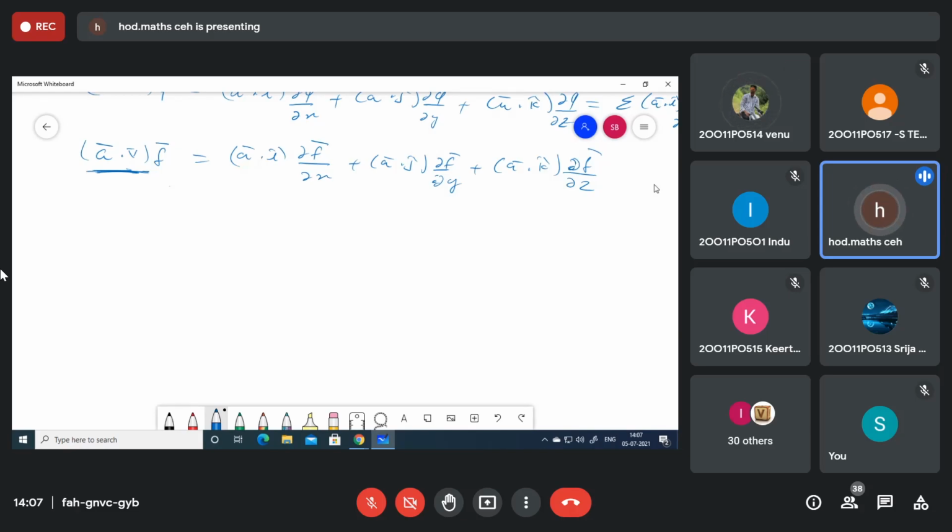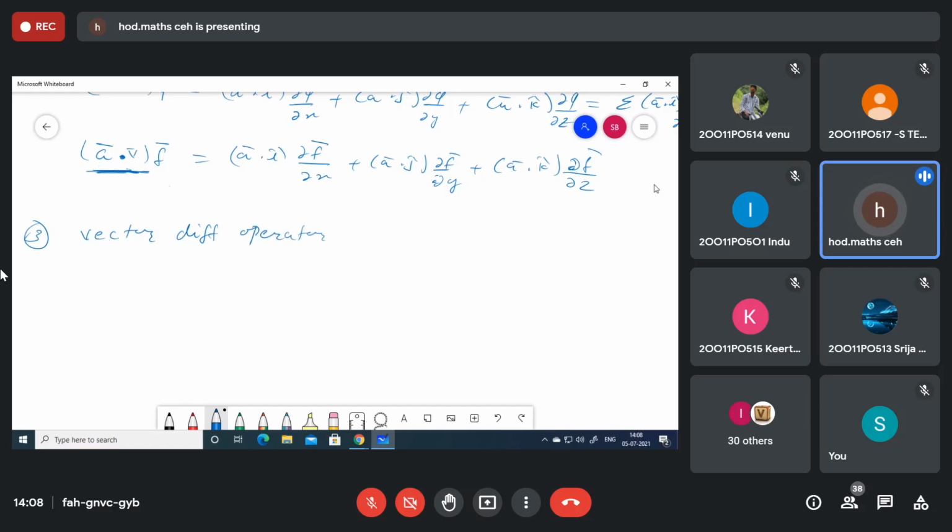Why differential? Because dou by dou x, dou by dou y, dou by dou z are involved here. Similarly, I can have a vector differential operator also. Though del itself is a vector differential operator, another vector differential operator I can define.